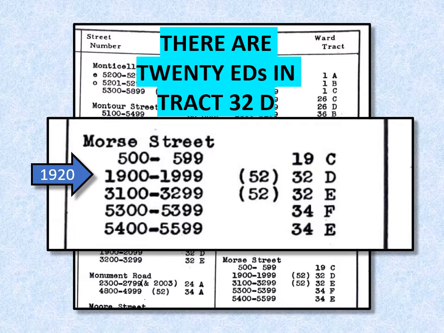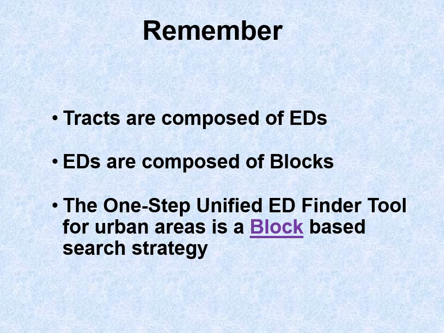So even though this is a great source, the next step is going to be to try and figure out where 1920 Moore Street is within Tract 32D to get the enumeration district number. That turned out to be not so simple. So remember, tracts are composed of enumeration districts. EDs are composed of blocks.